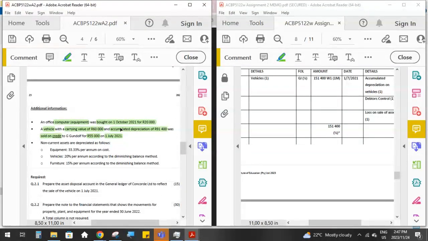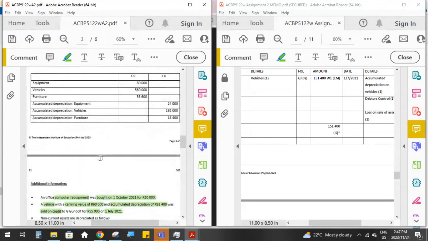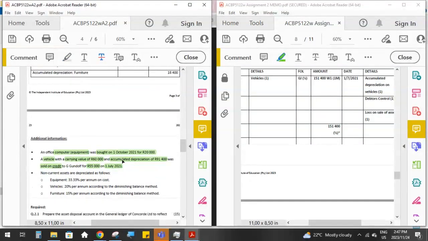We bought a computer on 1 October. This must be a mistake. We must have bought it in October 2020, because October 2021, let's see if I can fix this. I've already highlighted that, so it doesn't want to allow me to change that.